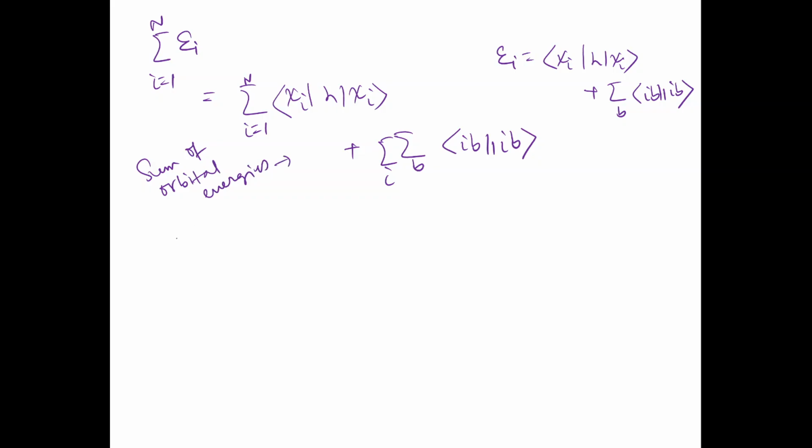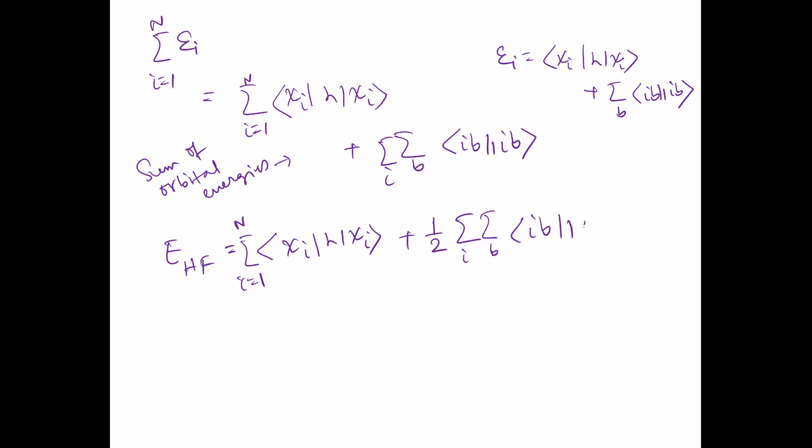Now what is the Hartree-Fock energy? E Hartree-Fock, that you all know, is the summation over I equal to 1 to N of chi I h chi I plus 1 by 2 summation over I and summation over B of ⟨IB||IB⟩.